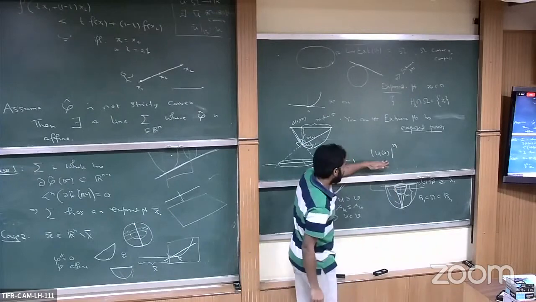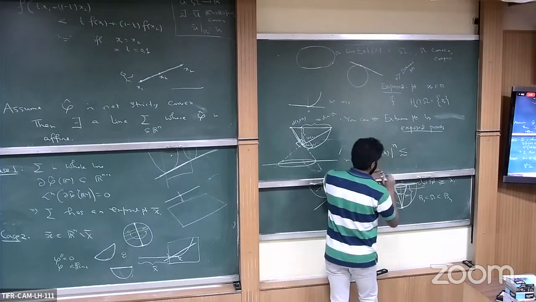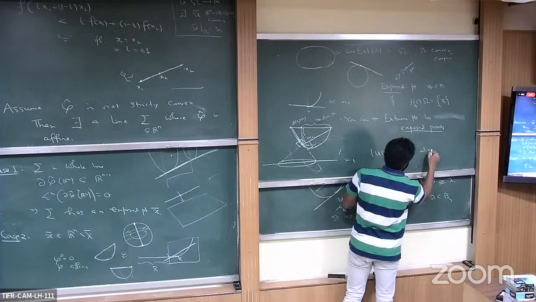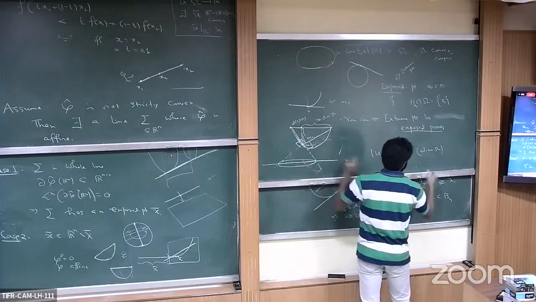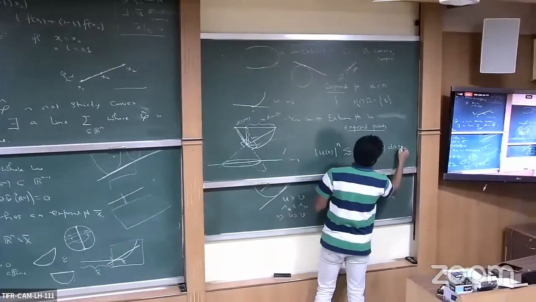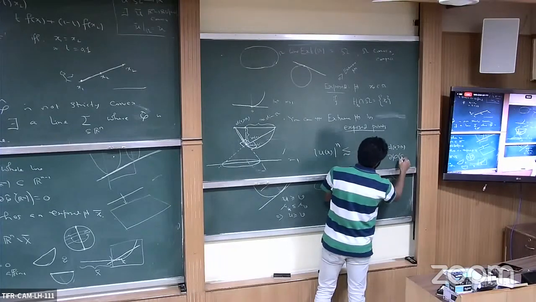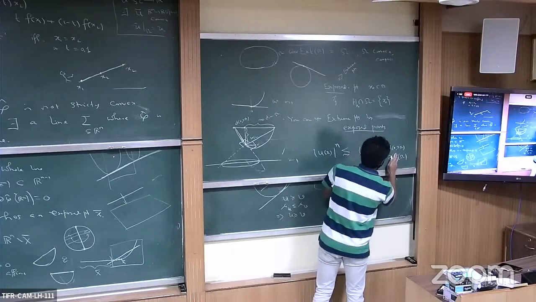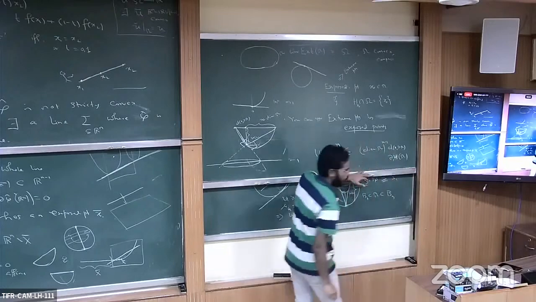You can estimate the value of u(x) by a dimensional constant times the diameter of omega, times the distance of x to the boundary of omega, and the Monge-Ampère measure of u. Of course, here it will be some power.